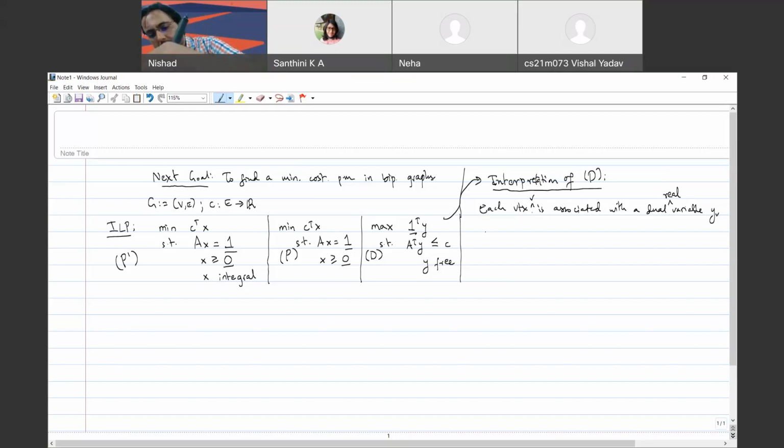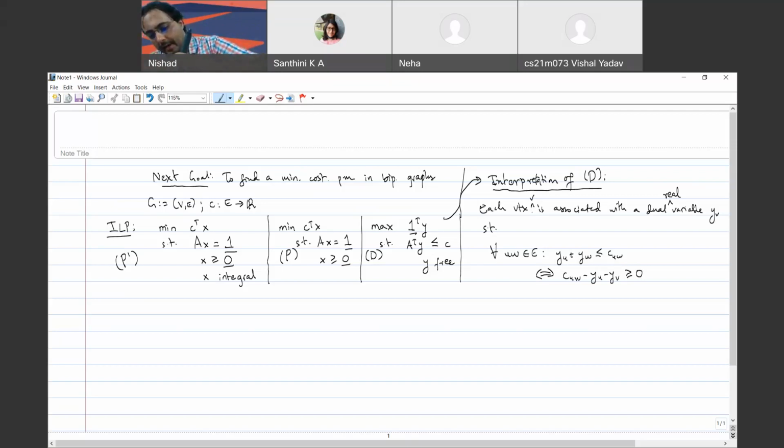And such that for every edge UW of the graph, we have that YU plus YW is less than equal to the cost of the edge. Which in other words, you can think of it as the cost of the edge minus the labels of the two ends is greater than equal to 0. So that is what a dual feasible solution looks like.